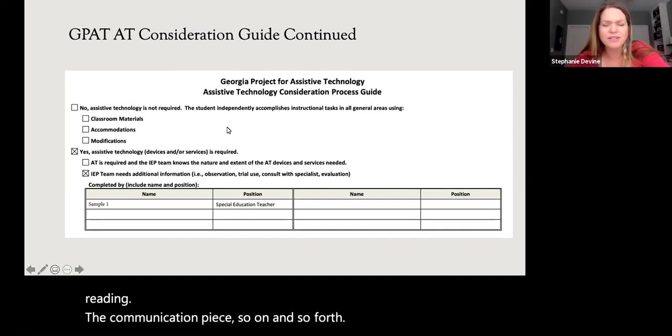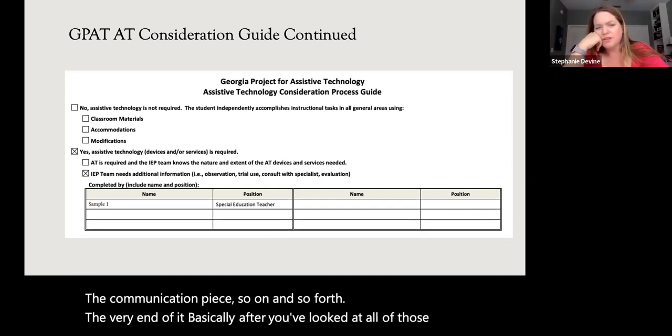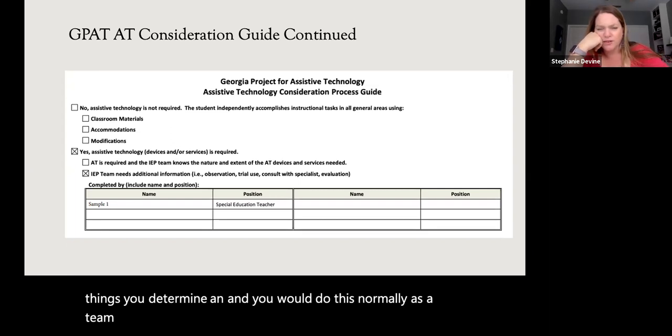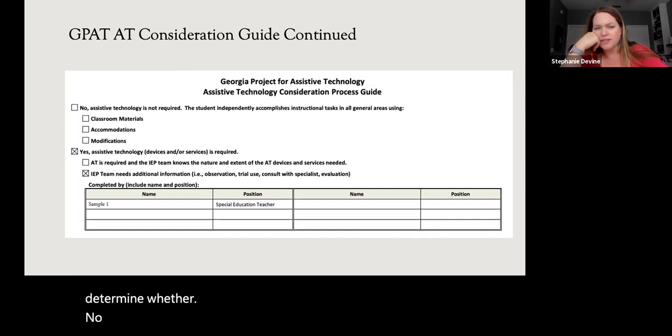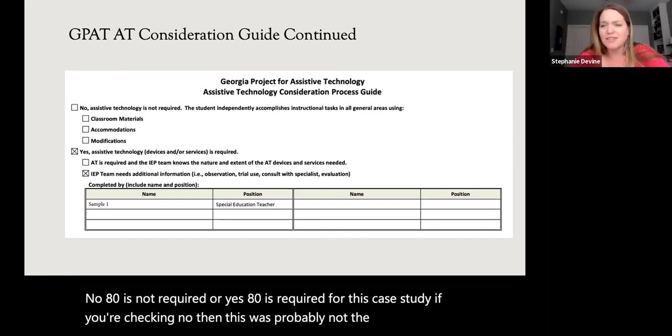At the very end, after you've looked at all of those things, you determine, and you would do this normally as a team. Right now you're going to do it on your own, but you determine whether no, AT is not required, or yes, AT is required. For this case study, if you're checking no, then this was probably not the right student to select for the case study.